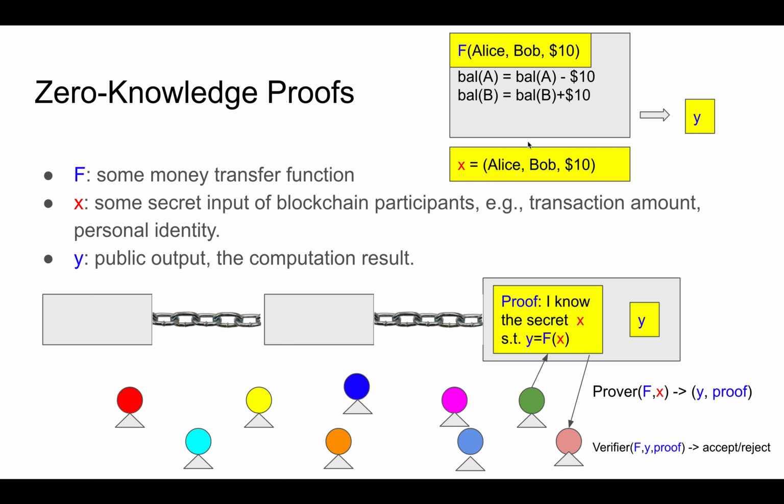In this case, the secret input can be the information that should be hidden by the prover. For example, the secret information can be the identity of Alice, the identity of Bob, and the transaction amount $10.